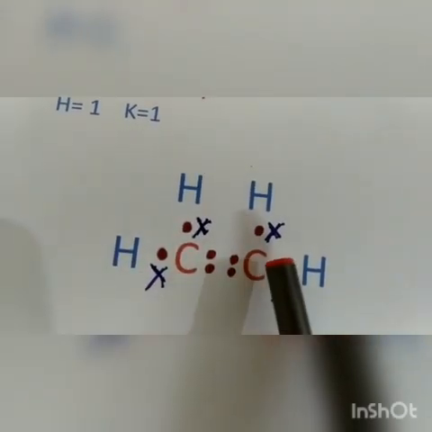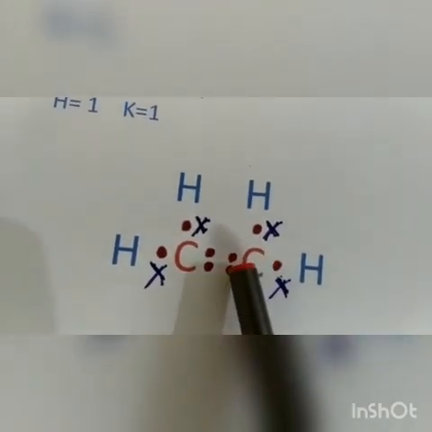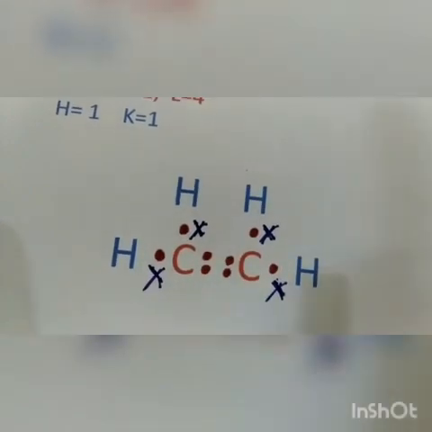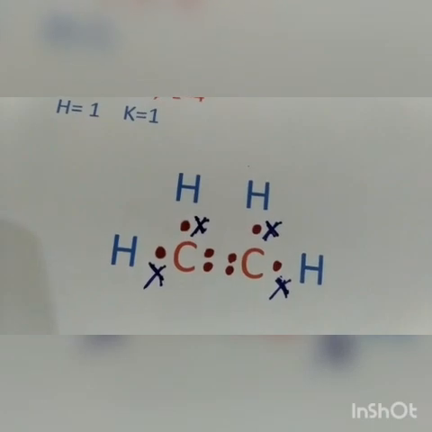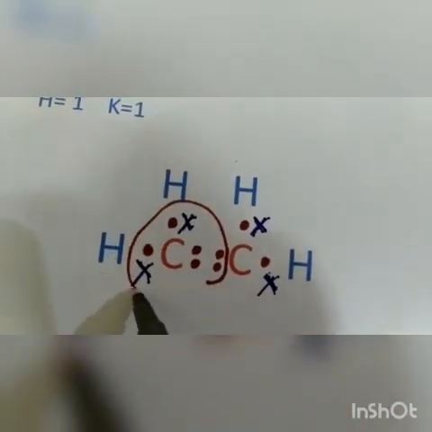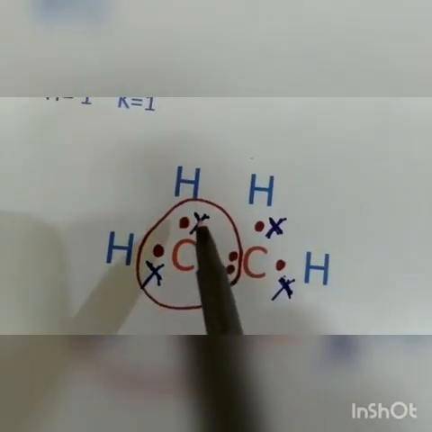So in that case, this carbon 2 shares its 2 electrons with carbon 1. I hope it is clear. Now let us see here. See here. So 1, 2, 3, 4, 5, 6, 7, 8.